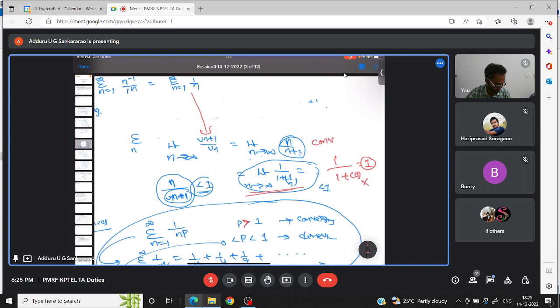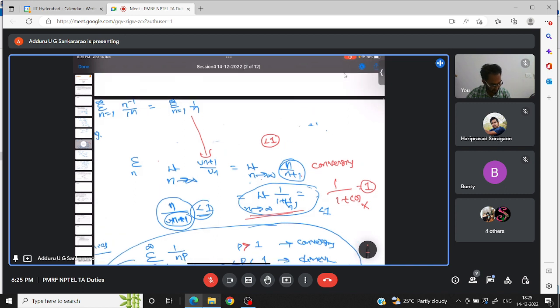Sorry. If it is less than 1, then it is converging. There was some mistake while explaining at first. N by n plus 1 is always less than 1, that is for sure.